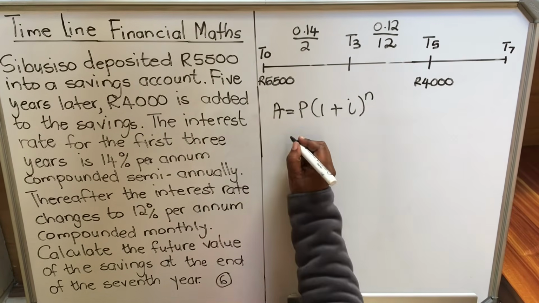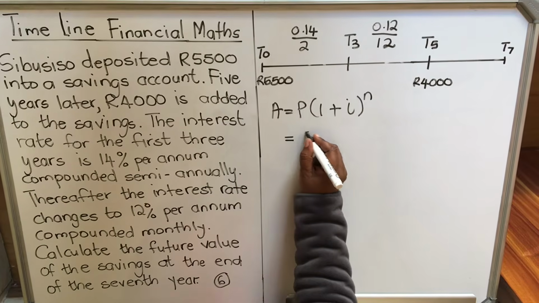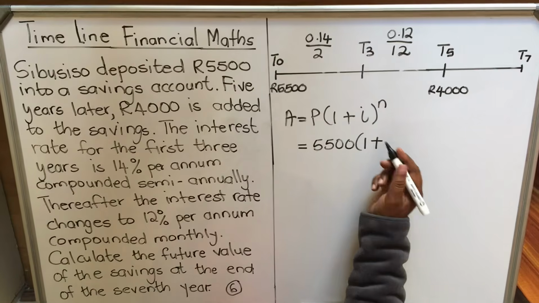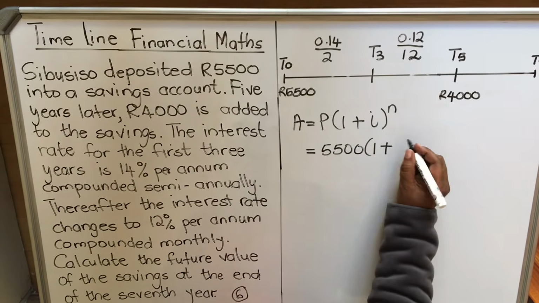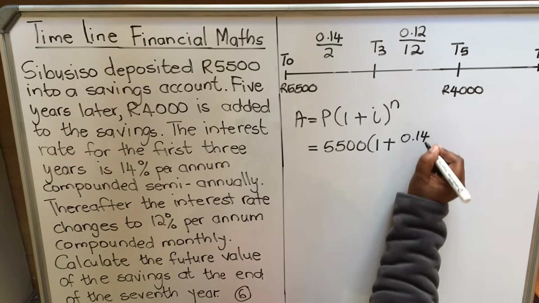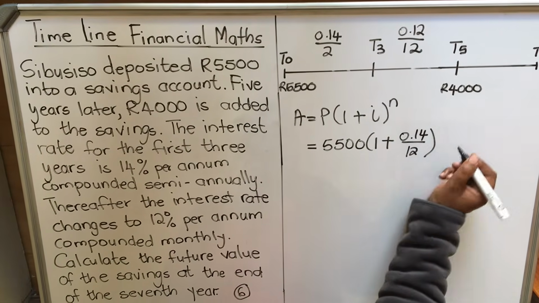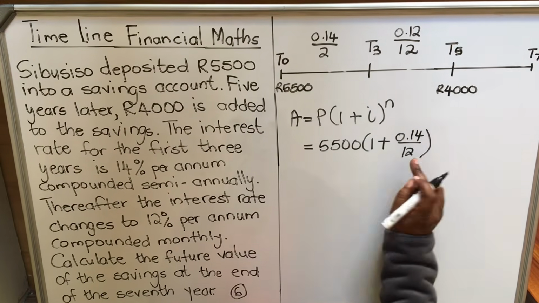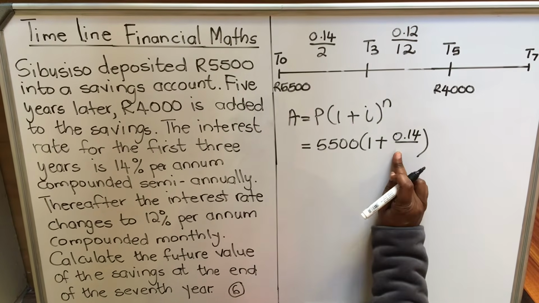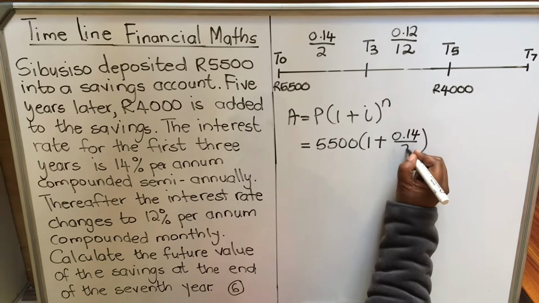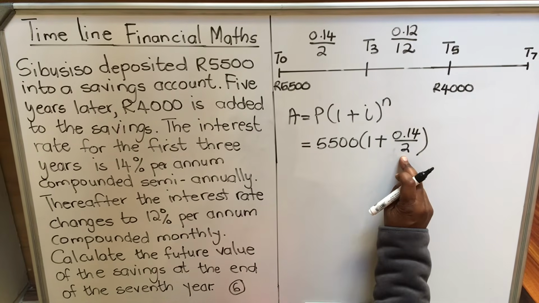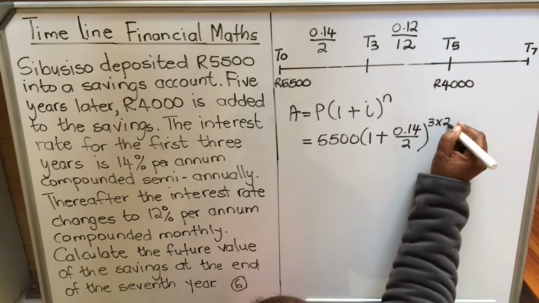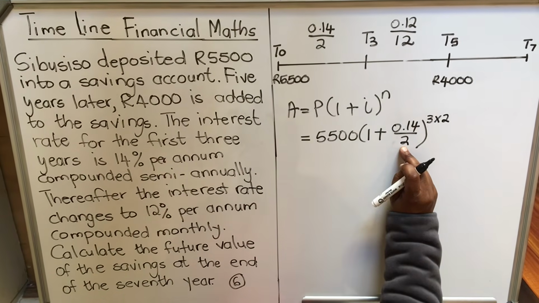Okay, the first amount, they deposited the 5,500. 1 plus the interest was 0.14 divided by 12. Now, for how long? For the first 3 years. No, it's not divided by 12. It's divided by 2. It was semi-annual. For the first 3 years. So it's 3 years multiplied by 2, the 2 for the compound interest.